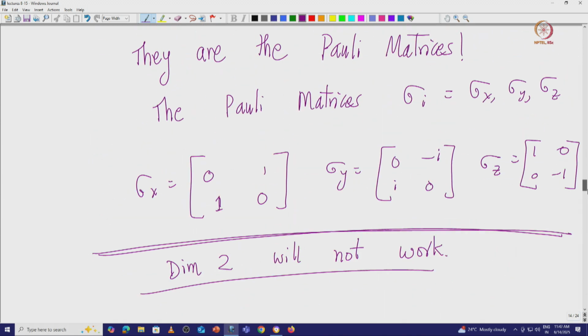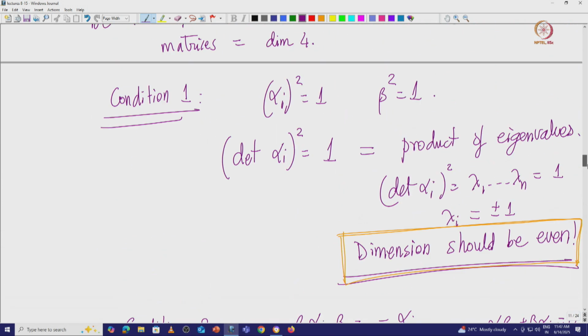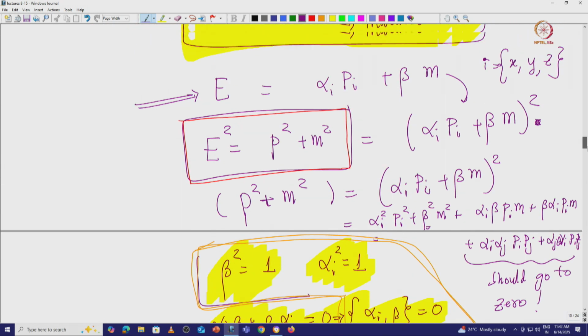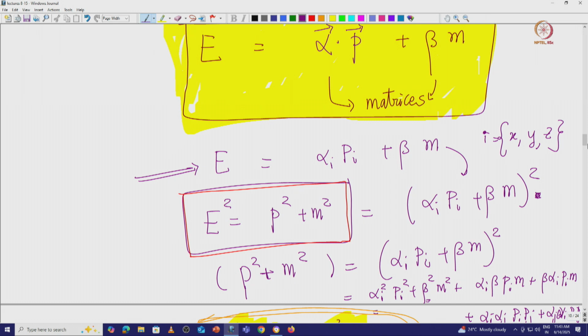We have seen that that was the starting point. So if I start with E is equal to alpha times p plus beta times m and I square it, the alpha matrices and the beta matrices act in such a way that E square should be equivalent to p square plus m square.